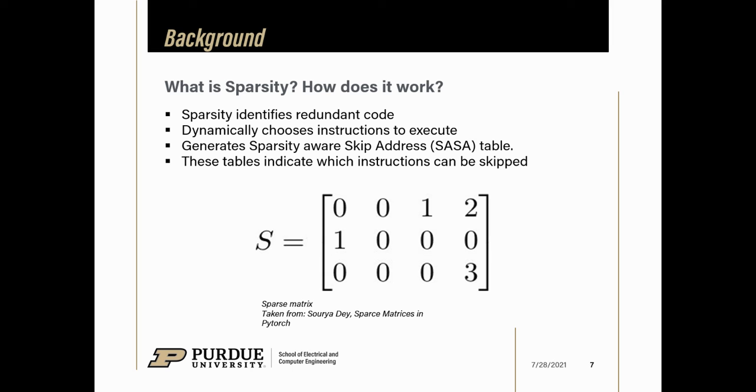A prominent example of how this would work would be in sparse matrix multiplication. A sparse matrix is a matrix where the numbers are mostly made up of zeros. So the ability of the code to identify which matrices are filled with zeros and choose dynamically which instructions not to execute would significantly increase the speed of the code.